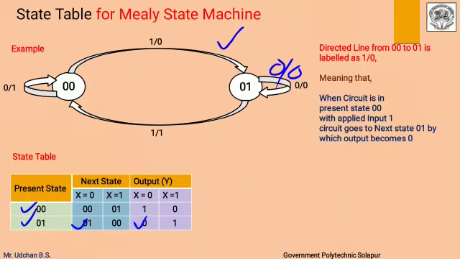Again, when we apply a logic 1 input to the state machine, the present state 0 1 will change to the next state, that is 0 0, and the value of output for that is 1. This is how we can write the state table for the given Mealy state machine.